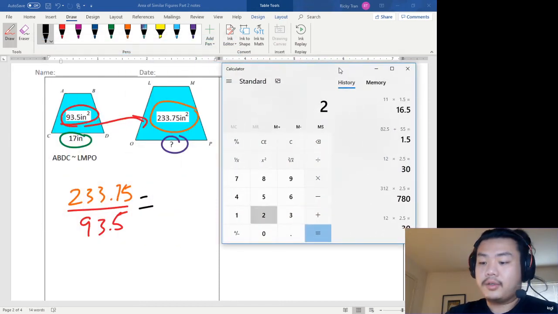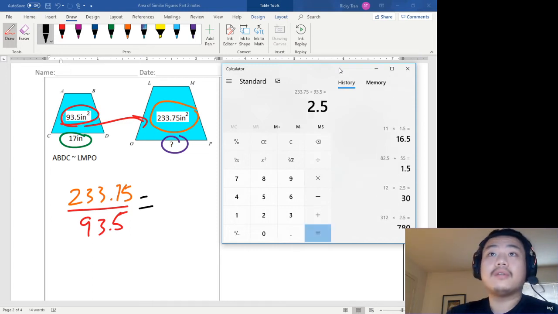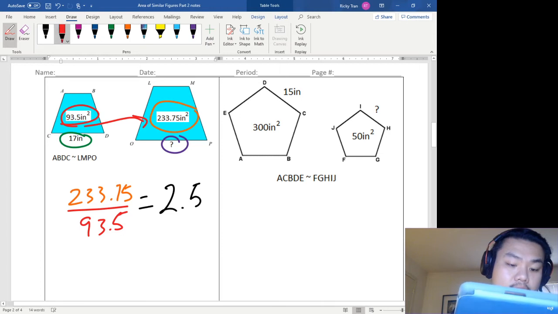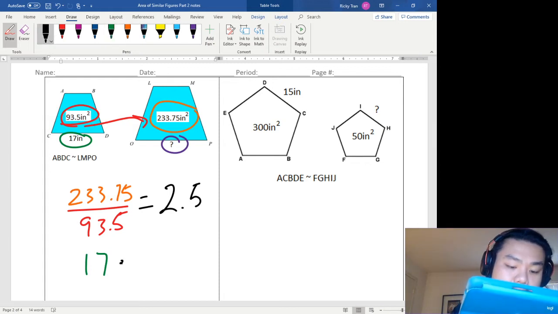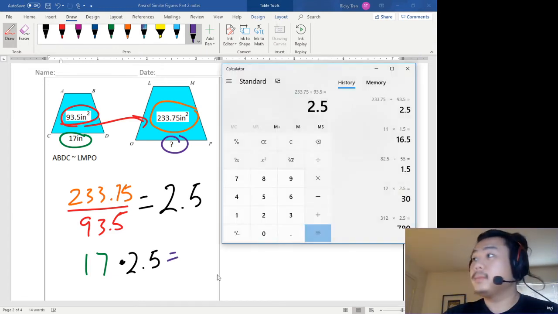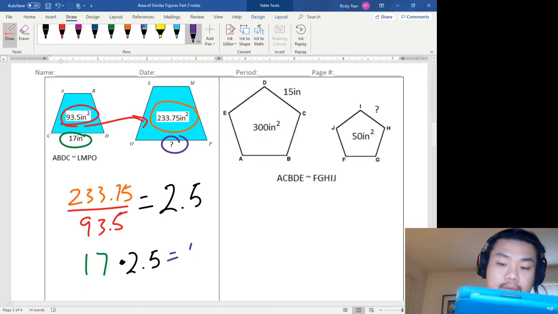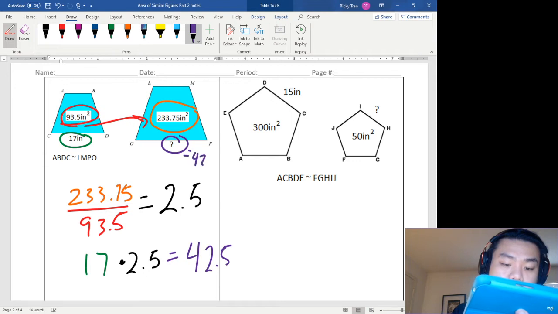Okay, so 233.75 divided by 93.5 is 2.5. So we're going to take our side value, 17, multiply it by 2.5, and we have 42.5.